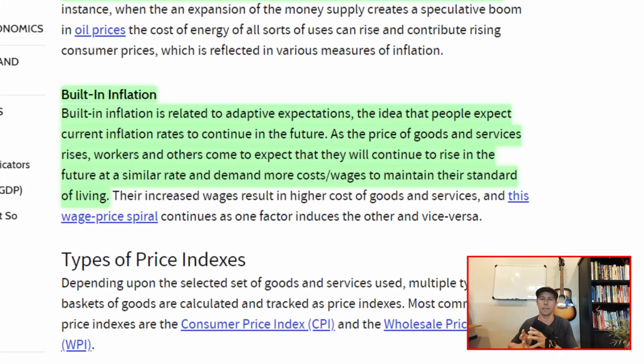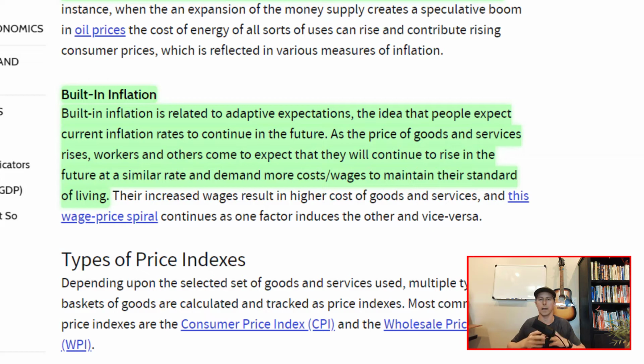Built-in inflation essentially goes along with this cost push. It's related to adaptive expectations, the idea that people expect current inflation rates to continue in the future. So as the price of goods and services rise, workers and others come to expect that they will continue to rise in the future at a similar rate and demand more costs, wages, to maintain their standard of living.